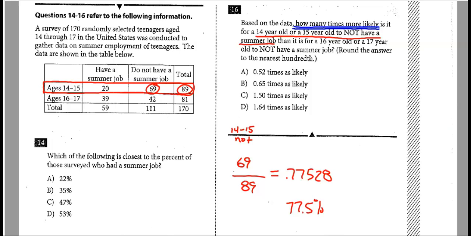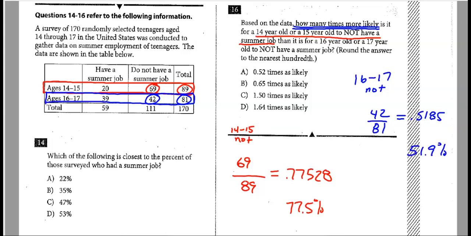Now we're going to compare that to the 16 and 17-year-olds not having a job. The 16, 17-year-olds are right here, and it's 42 out of 81, which is pretty close to 0.5. 42 divided by 81 is 0.5185, so let's call that 51.9%-ish.